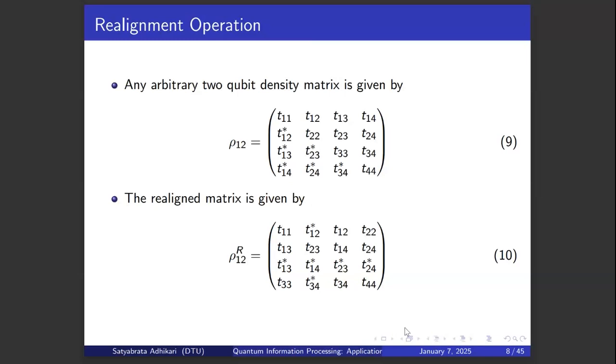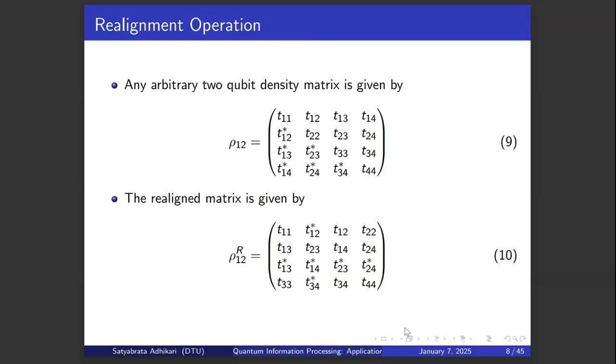That means there may exist some state rho_12 for which all eigenvalues are positive, so it behaves like a positive operator. But there may exist some other state rho_12, that means the matrix elements are different, and if you perform this realignment operation on it and again calculate the eigenvalues, you can find that one or two eigenvalues may be negative.